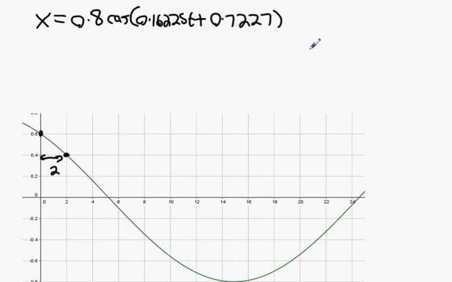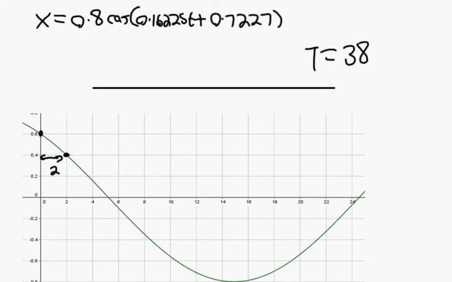Its periodic time is over 38 seconds. It's very slow. We're literally talking this type of speed. We started around 0.6 away from the center, and you're just literally crawling along, taking all day to go from here, and then you're going to go all the way back. You get the gist of what I'm saying.